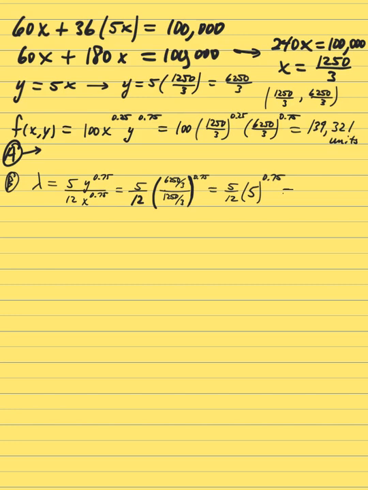Rounding to 4 decimal places, and this is what your homework's going to want you to do, you get 1.3922. That's part B. You were asked to find marginal productivity of money, but that's lambda.